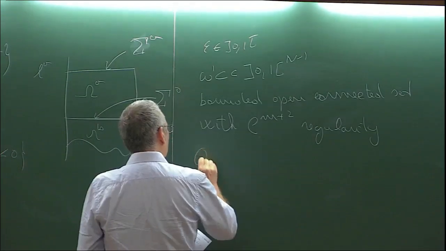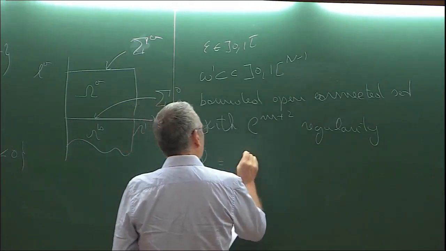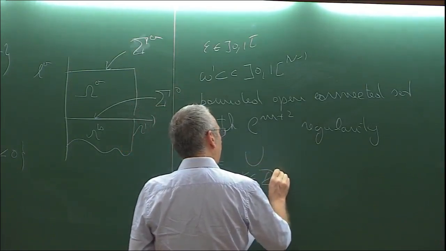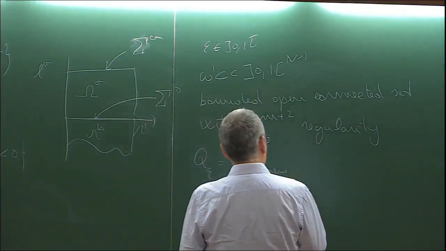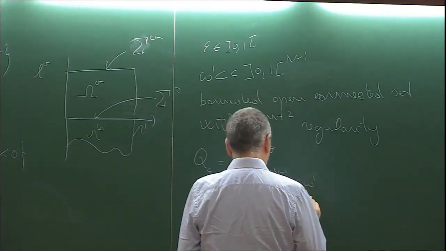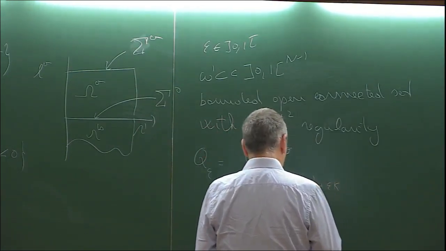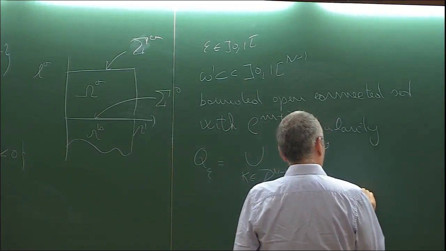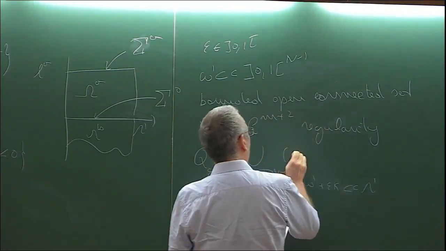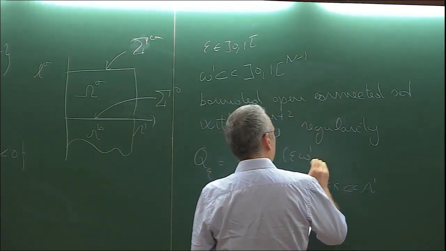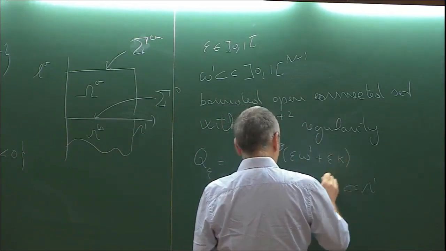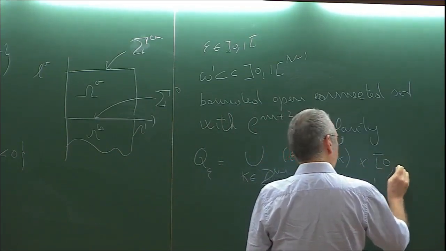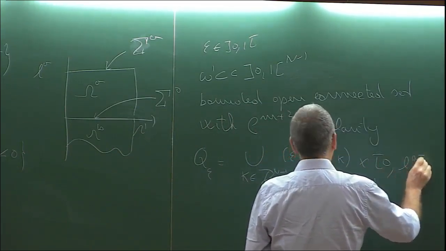Then we denote by Q_epsilon the union of K in Z^(n-1) such that epsilon omega plus epsilon K is well contained in omega prime, of epsilon omega prime plus epsilon K, times (0, L_A).